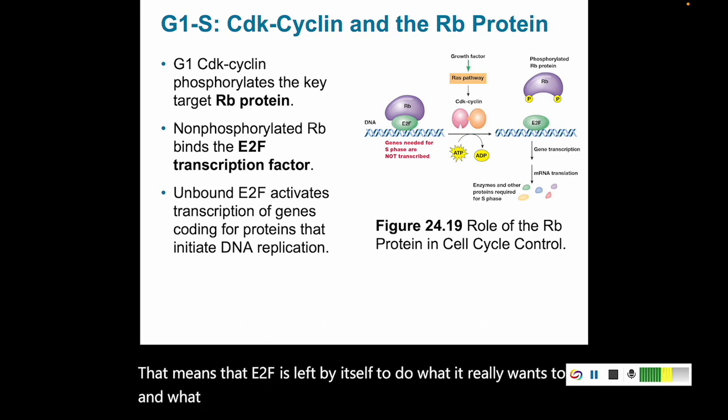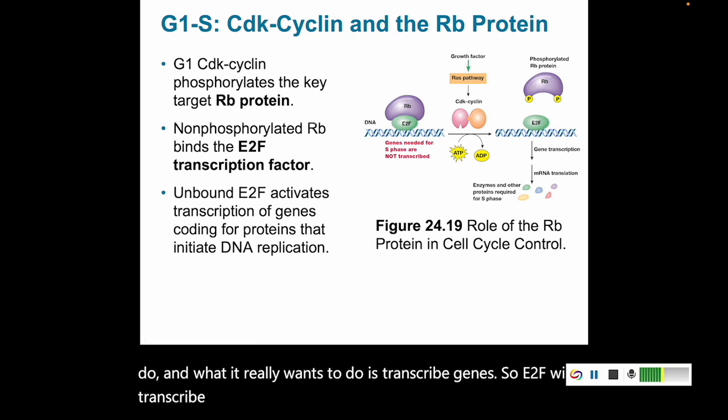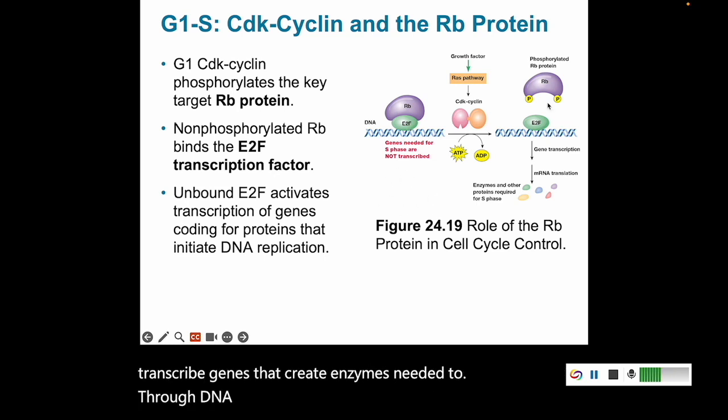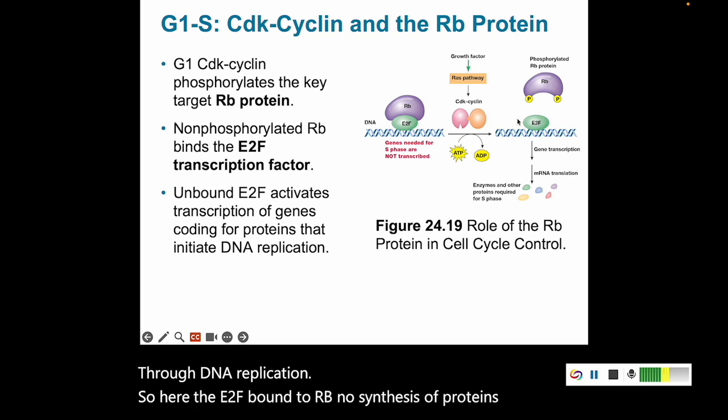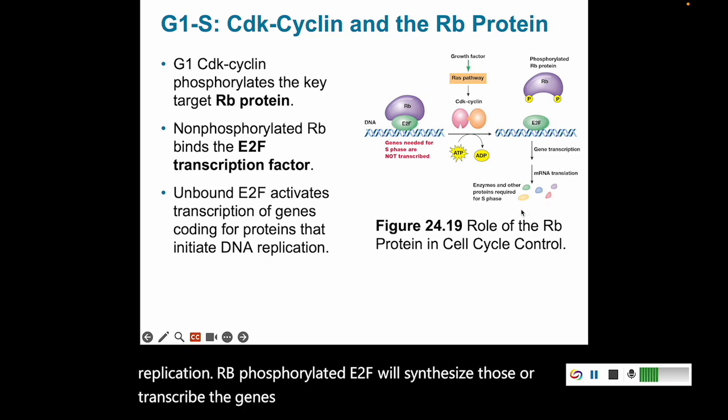So E2F will transcribe genes that create enzymes needed to go through DNA replication. Here, with E2F bound to RB, there is no synthesis of proteins for DNA replication. With RB phosphorylated, E2F will transcribe the genes involved in DNA replication.